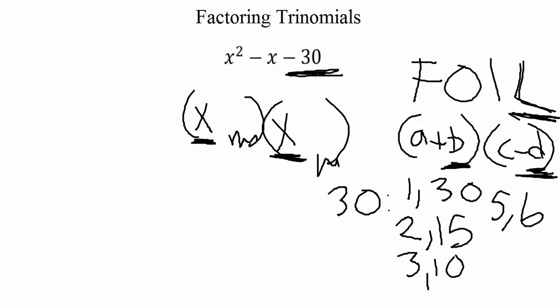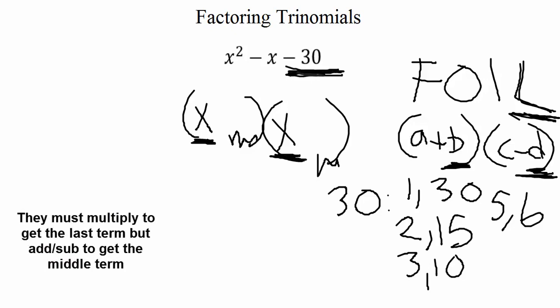Now, this is an important rule: we need the combination of factors that multiply to get 30, but would add or subtract to get our middle term. Our middle term is a negative 1x, so we're specifically looking at our middle coefficient, the negative 1.